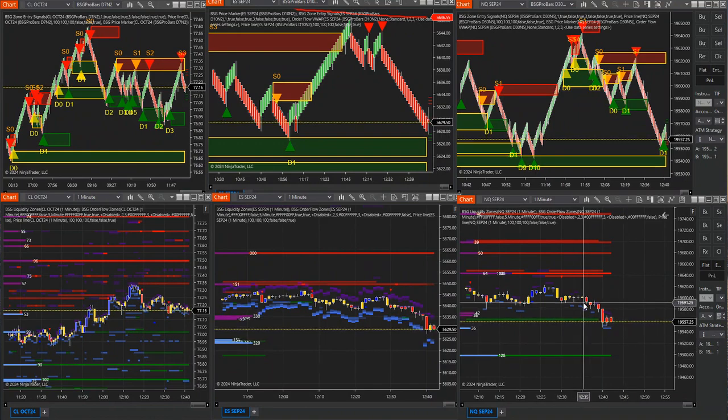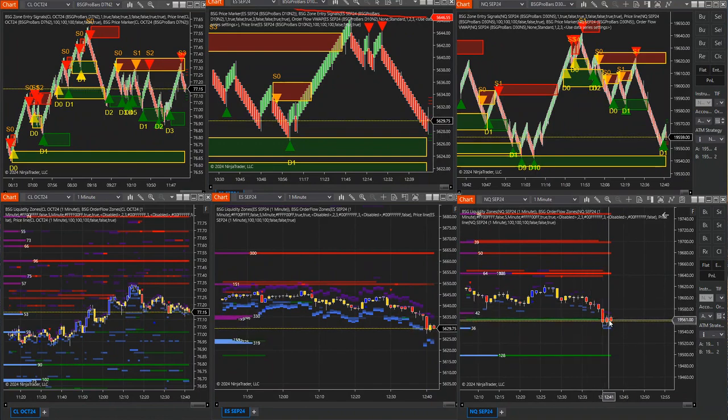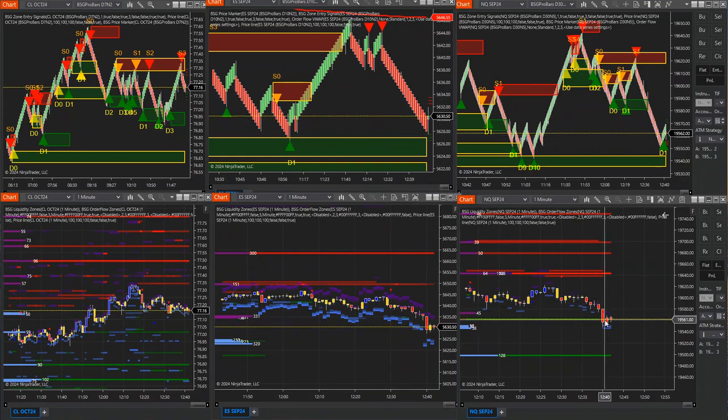Let's be patient, because the color red here is marked out by the order flow zones to indicate the momentum of the price action. If you don't have order flow zones, it will be alternating: this should be red, this should be green, different colors based on the price up or down.